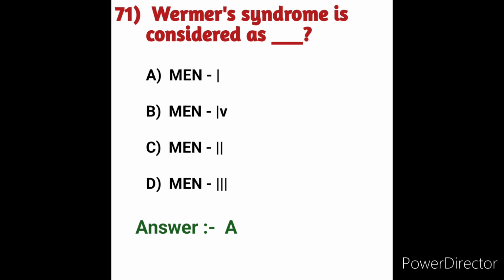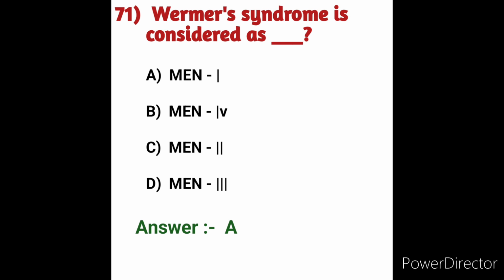Here neoplasia means uncontrolled abnormal growth of the cells in the body or tissues. MEN means multiple endocrine neoplasia. Wermer syndrome occurs in relation to the endocrine system. Option 1 is the correct answer.